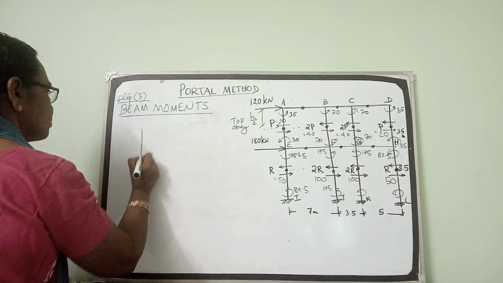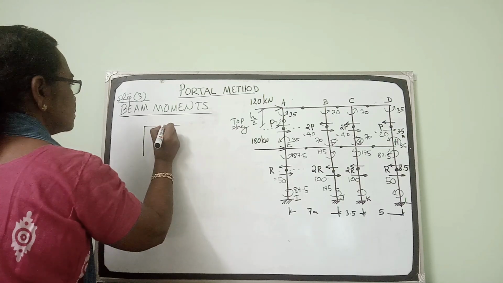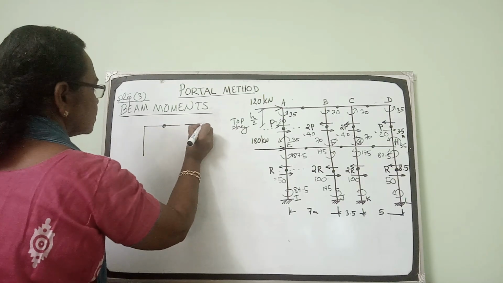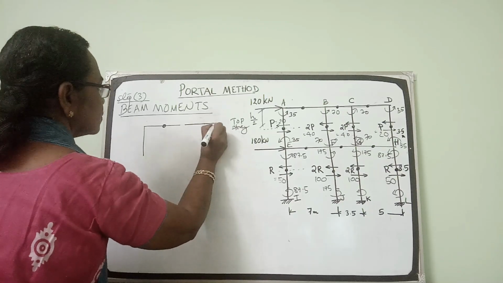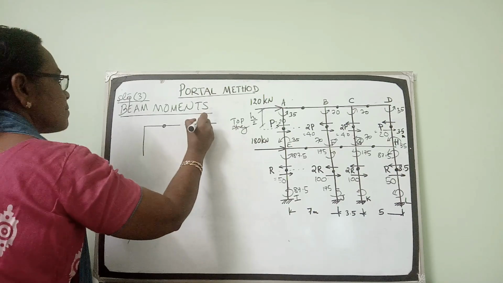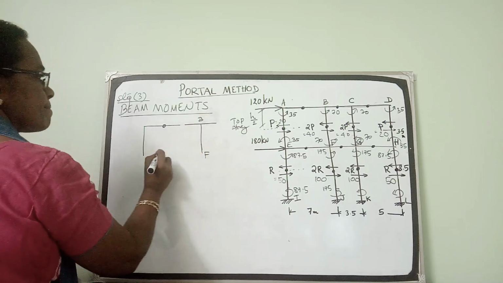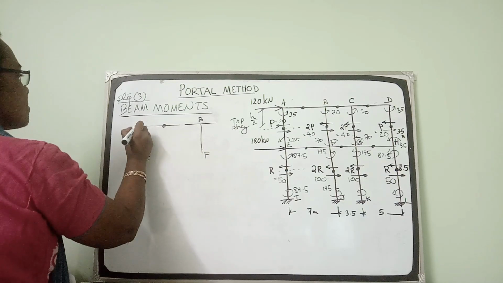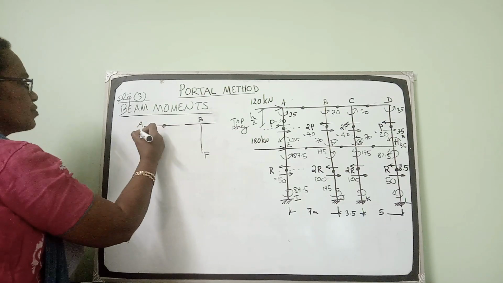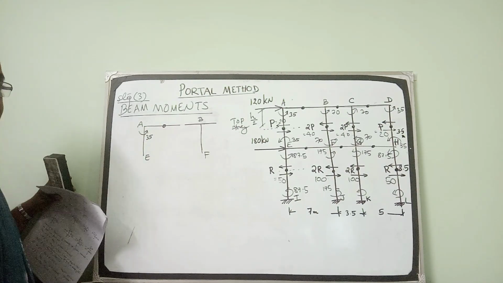Consider this joint A. Considering joint A, in this column we have the bending moment of 35 kilonewton meter.